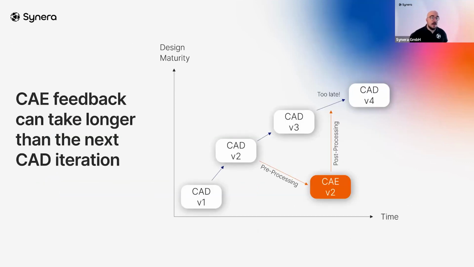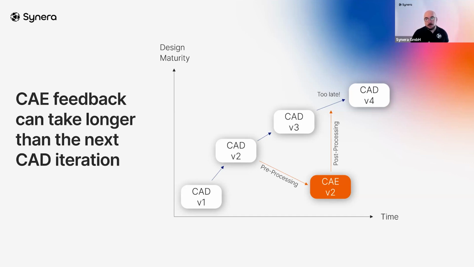If we take a look at what the standard process looks like for a typical design and simulation interaction, you start out with your initial version of a design. You maybe iterate on that with some feedback from your design team, and then your CAD design goes over to the CAE team, who work on that initial set of geometry to give you insights on the performance and durability of that part.